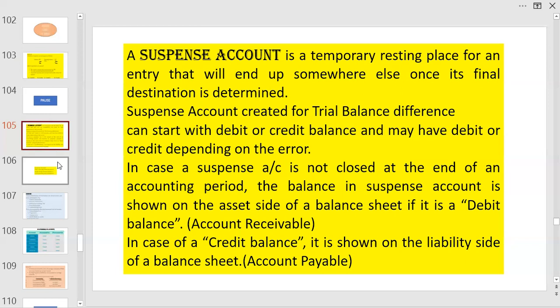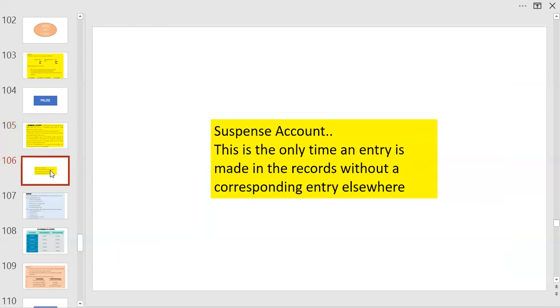Also remember, this is the only account where you start the account without a double entry. Every journal entry has a double entry. The only exception is the suspense account, where, depending on the difference, it will be a single entry account, but it is a temporary account.